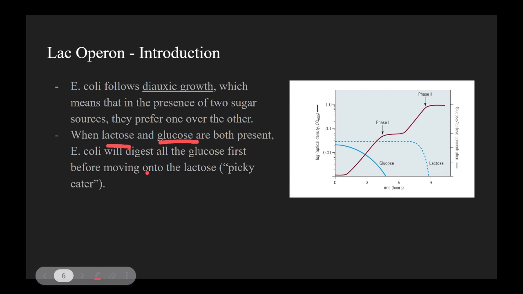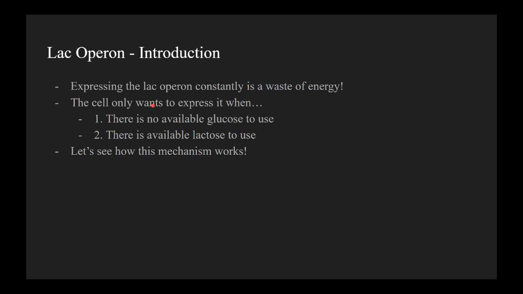If there's glucose in the environment, the E. coli will eat up all the glucose first before they move on to the lactose. It's not like they just eat whatever is given to them. They'll specifically eat glucose first and only then eat lactose. So glucose is the preferred sugar here. Essentially, since glucose is preferred, we don't want to express the lac operon constantly, all the time.